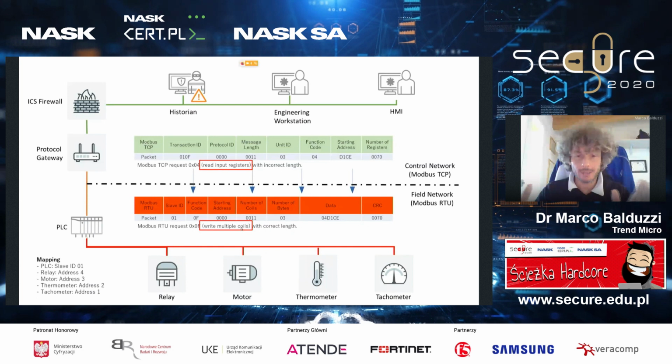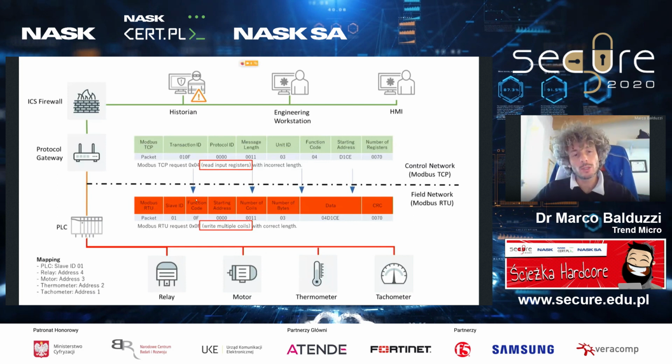This is because the packet itself is the same, but the packet on the RTU side doesn't actually own a correct Modbus RTU semantic. So as you can see here, the content of the packet is the same, but the fields are different. If you're really using the Modbus RTU semantic, the function code, which for Modbus TCP is here, is 04.